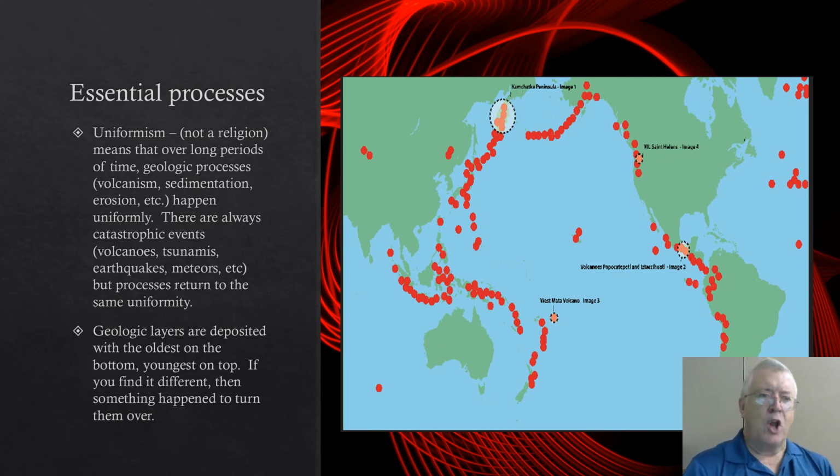It means that over long periods of time, and we're talking hundreds of thousands of years or millions of years, these geologic processes, which we've already talked about, volcanism, sedimentation, erosion, all of these things happen uniformly. So the sediments are laid down in a uniform manner. It's been this way since the beginning of the earth.